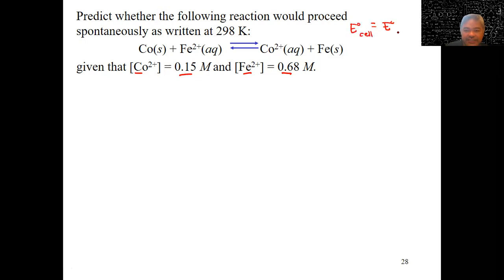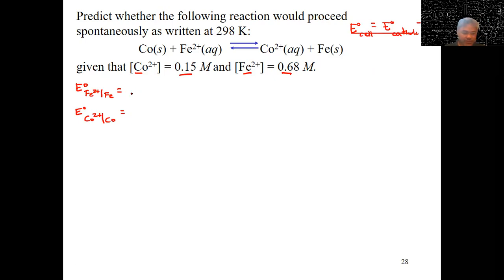So that's just a cathode minus an anode. So let's say if I have the reduction potential of Fe2 plus with Fe, and then the reduction potential of cobalt 2 plus and cobalt. So let's say I put the value here, okay?